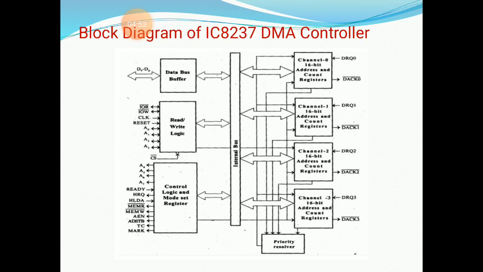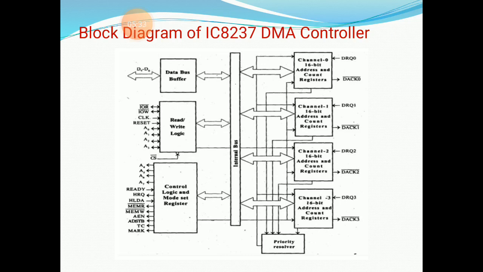So the 4-bit combination provides 16 combinations, and each combination belongs to the selection of one 16-bit register inside IC8237. The upper 4 address lines A4 to A7 are connected to the address bus of the microprocessor. The control logic and mode set register block can receive the control word from the processor, or receive the mode of operation from the processor by using selection lines.